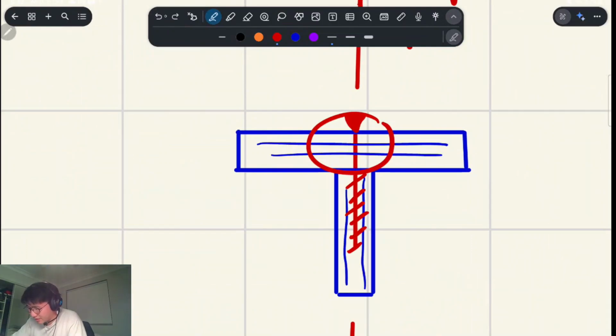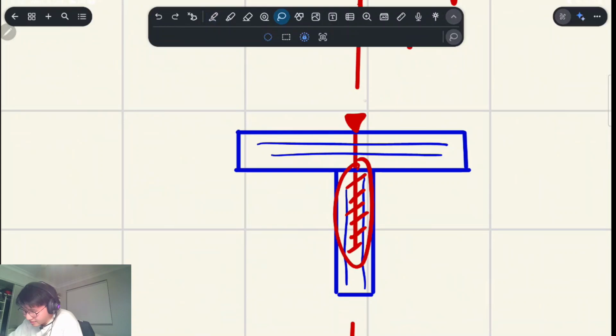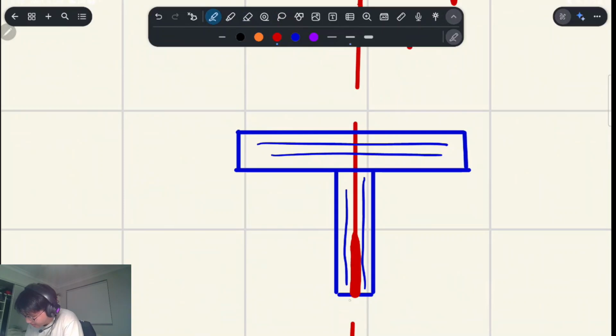But the receiving member is the one on the other end of the screw or the nail, and that's the one that we're considering. And that's the one that's going into end grain. So just to give you an example of what I'm talking about, let's say we did this instead.